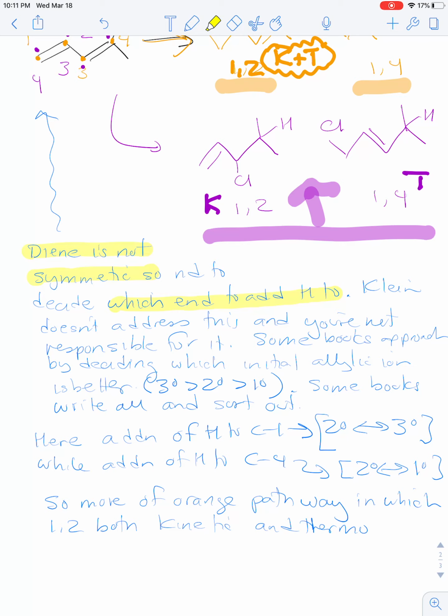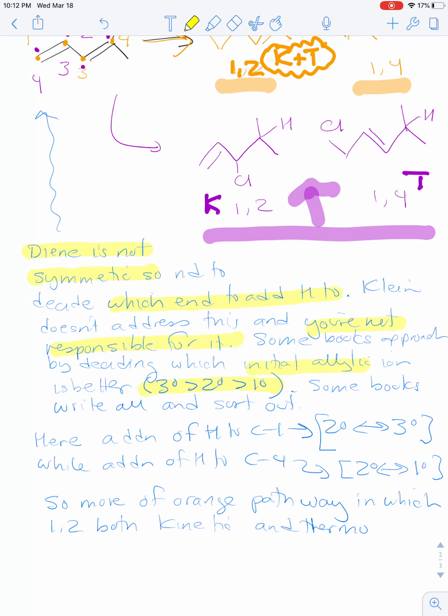And as I said, Klein does not address this, and you are not responsible for it. But if you're curious, some books will approach this by deciding which of the initial allylic ions that you get as an intermediate is better, using the criteria tertiary carbocation, more stable than secondary, more stable than primary, because they're all allylic. You don't look at the double bond substitution here.